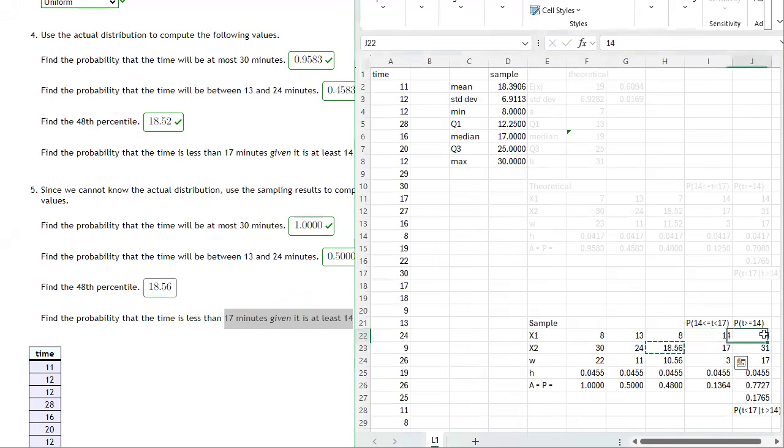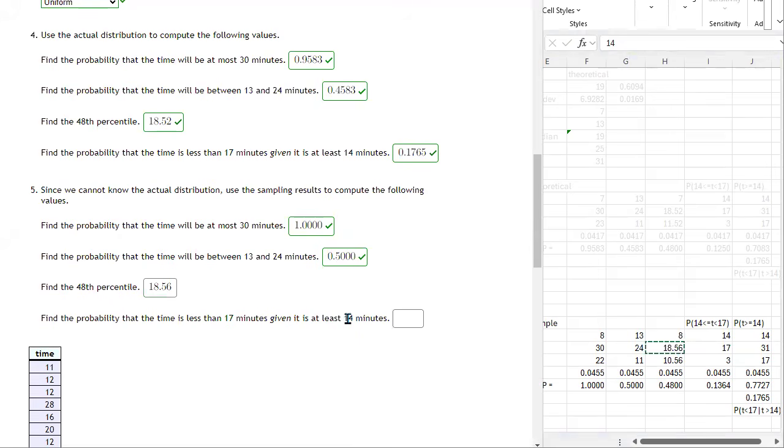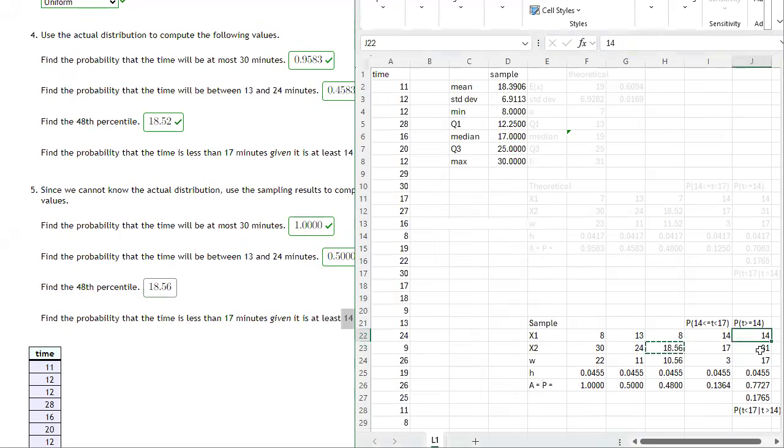This 14 is given by that value, but this 31 corresponds to the theoretical maximum value, the B. So we have to change this to its counterpart from the sample, which is the maximum in the sample. Again, we can't know 31.